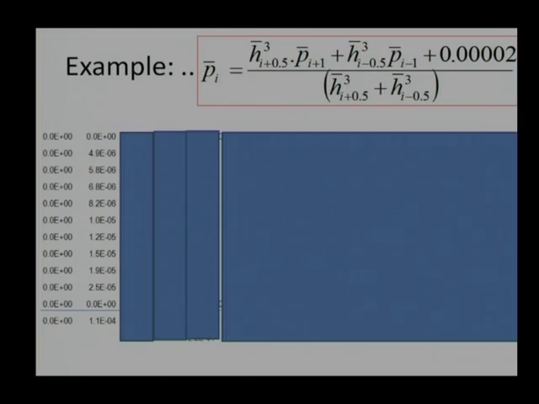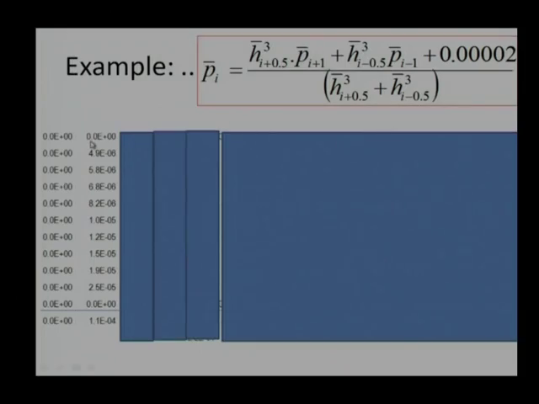Those surfaces or interfaces are open to the environment. Pressure will be 0 at those interfaces. So, pressure at the initial value when x bar is equal to 0 will be 0. Similarly, pressure at x bar equal to 1 will be 0.